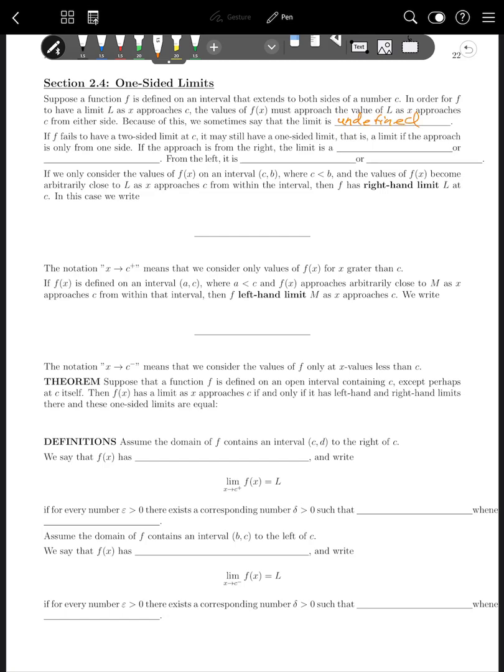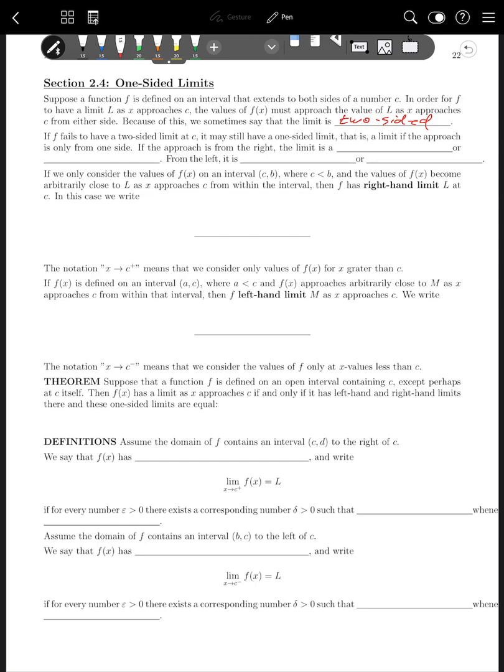If f fails to have a two-sided limit at c, it may still have a one-sided limit. That is, a limit if the approach is only from one side.